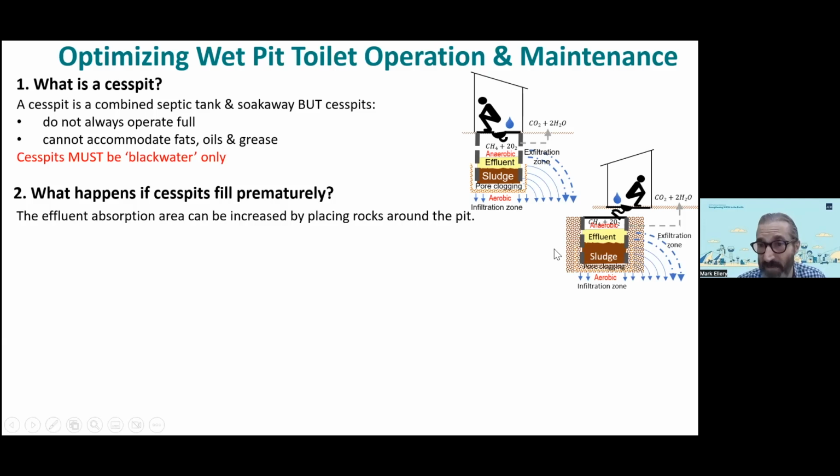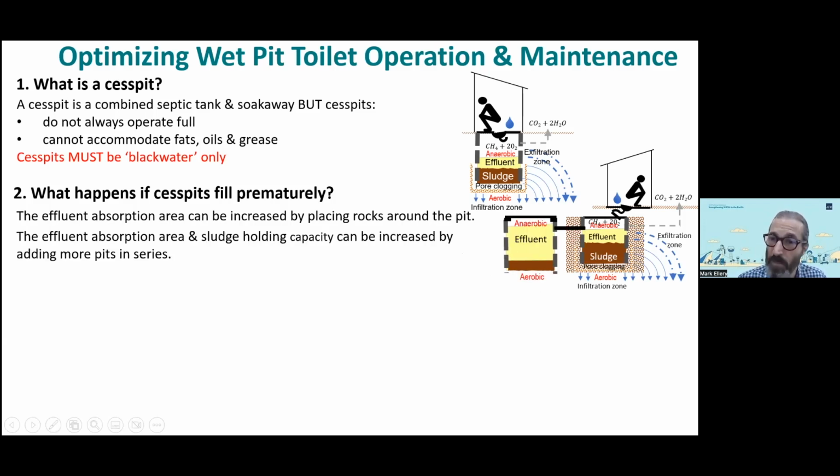And so we're effectively creating a soakaway that's much bigger than our storage pit. It's a cheap way of expanding our pit if it fills up too quickly with liquid rather than with sludge. Another option is to put a pipe out of our first cesspit and have a second one in series. This increases our volume of storage as well as increasing our effluent absorption area.